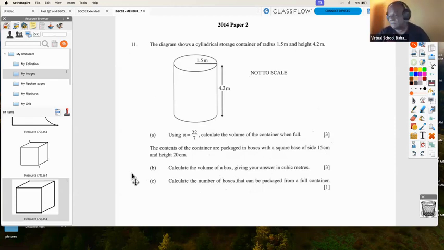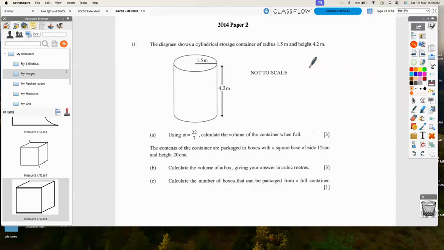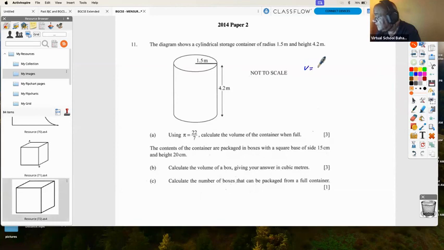Anybody work that out? Again, the volume doesn't change. V equals pi r squared h. So 22 over 7 multiplied by 1.5 squared multiplied by 4.2.